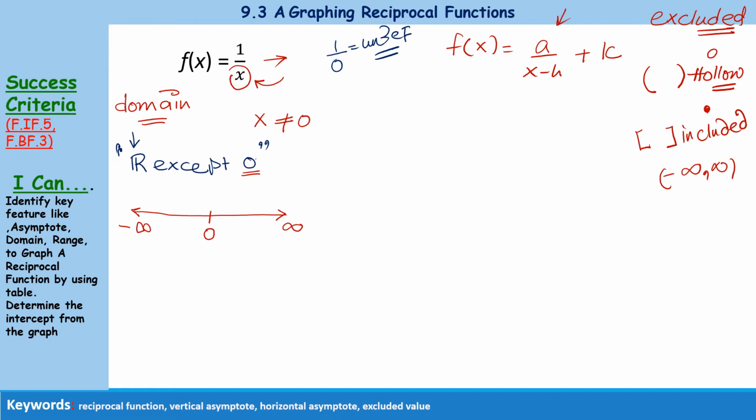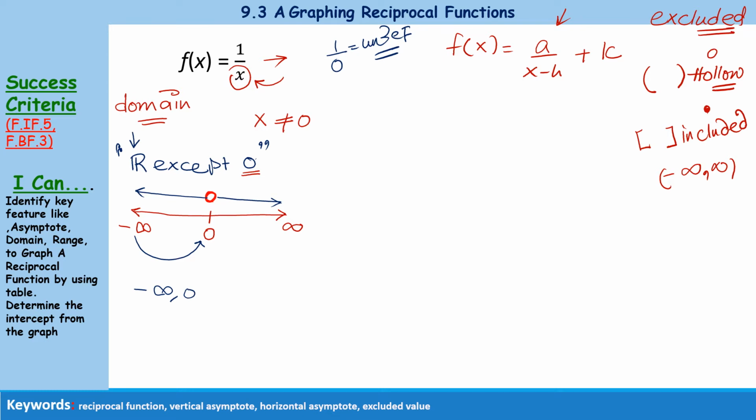Come back to our main question. Here 0 is excluded, so make a hollow point above the 0 to show that this point is excluded, and extend your line to the left and right sides. Now, how to write the domain? The first interval is from negative infinity to 0, so write negative infinity, comma, 0.